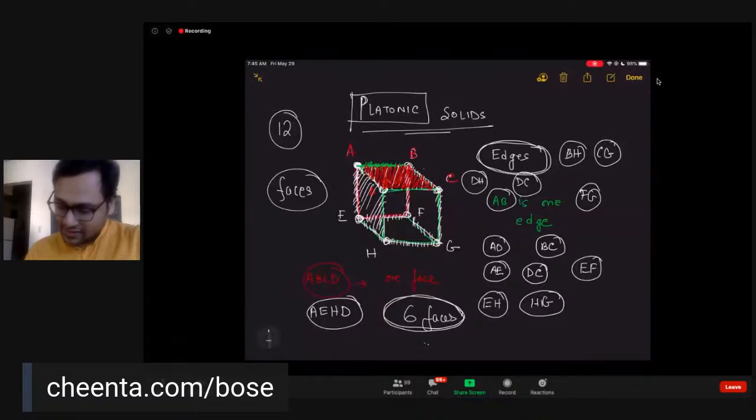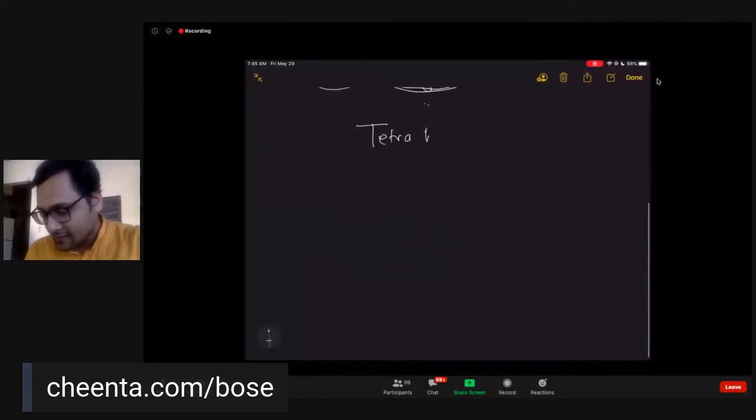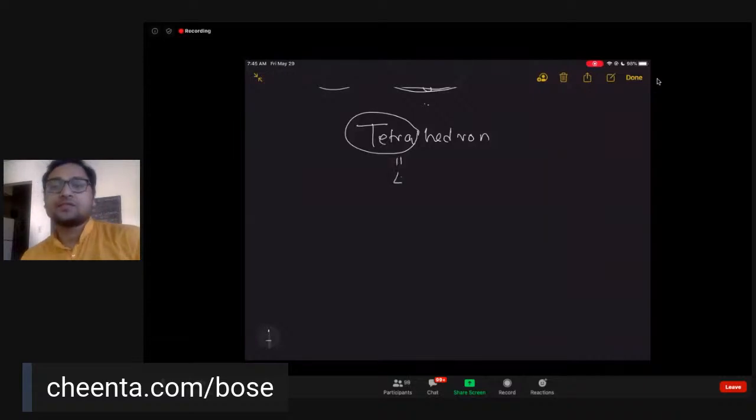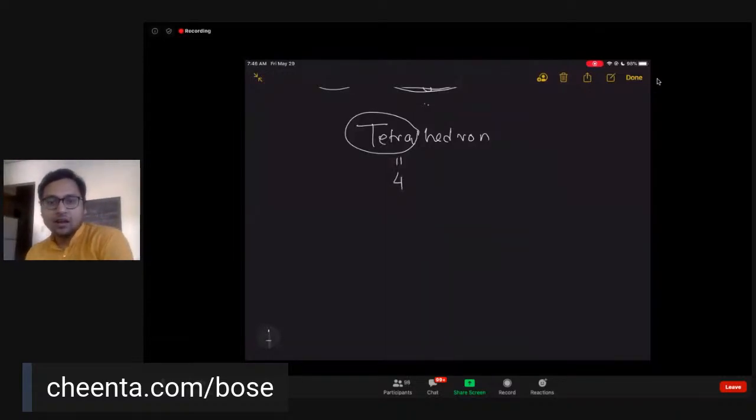Okay, now let's draw something called the tetrahedron. Tetra means four. So how do you draw the tetrahedron?